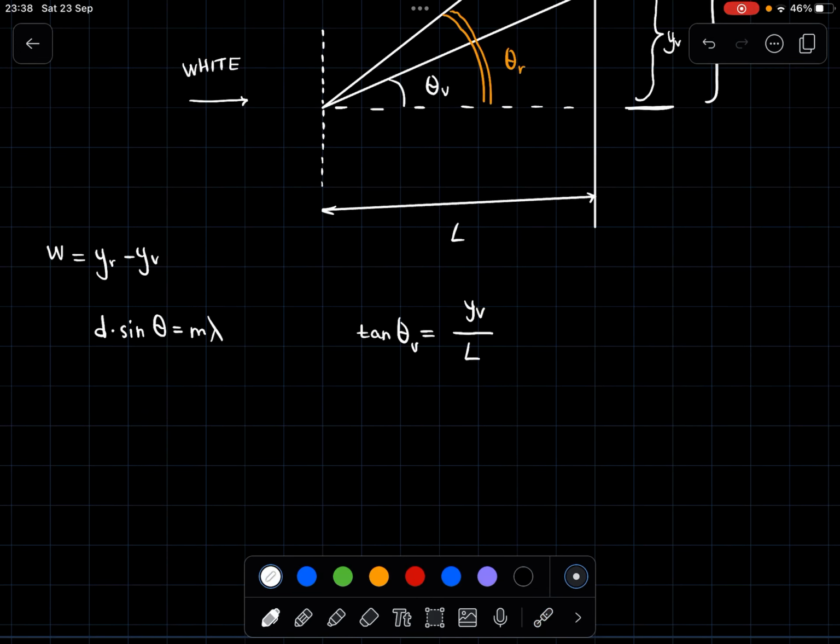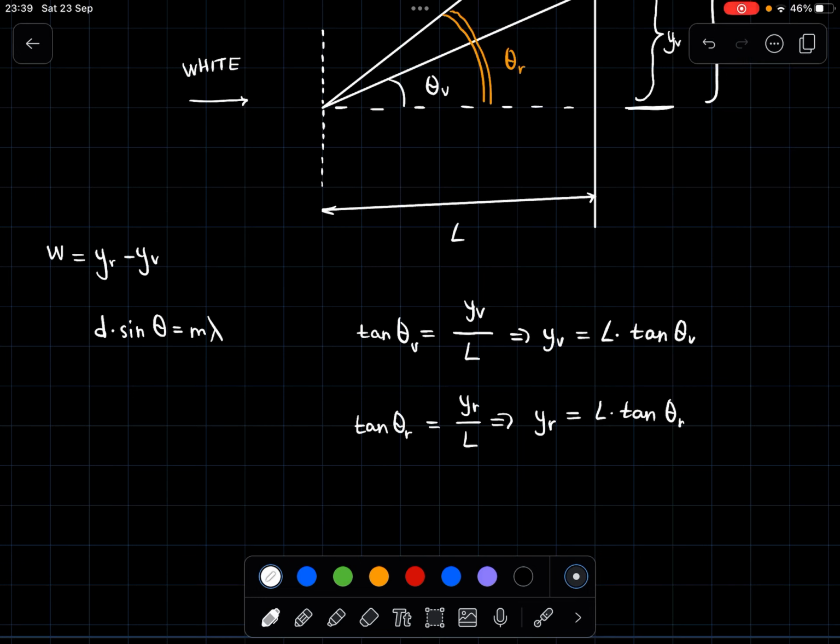From this equation, y violet is equal to L multiplied by tangent of theta violet. And the same with theta red: tangent of theta red is y red divided by L, and y red is equal to L multiplied by tangent of theta red.